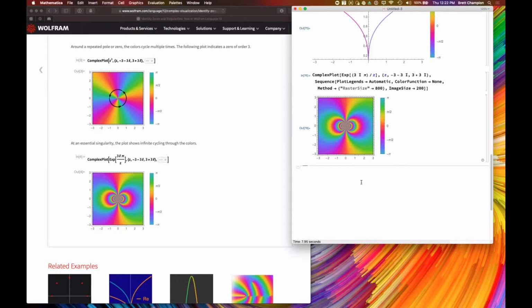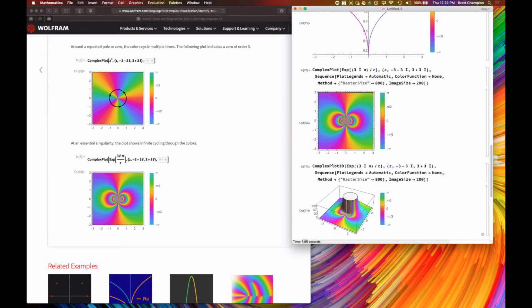Because one of the things that I want to point out with the essential singularity is that you have almost a 0 on one side, and then it blows up on the other, and so you can see that as we're coming in, one side is staying very well behaved in terms of absolute value, and then the other side is blowing up.